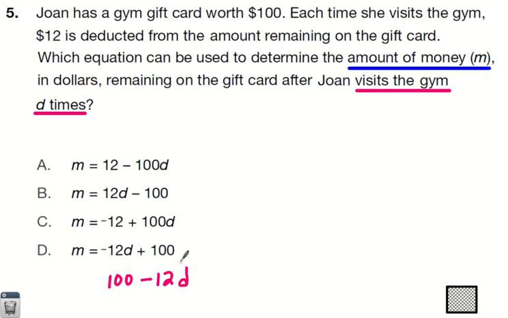Let me start over again with that. So we multiply 12 to the number of times we visited, and then we subtract that from 100. D.